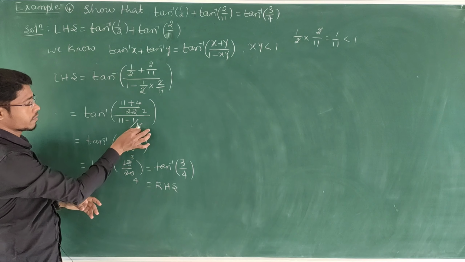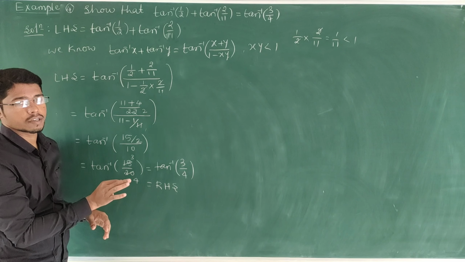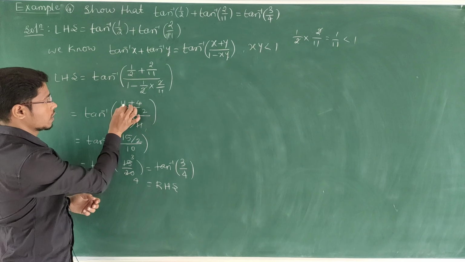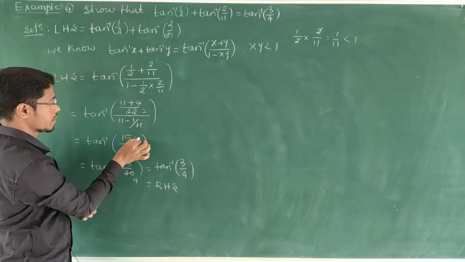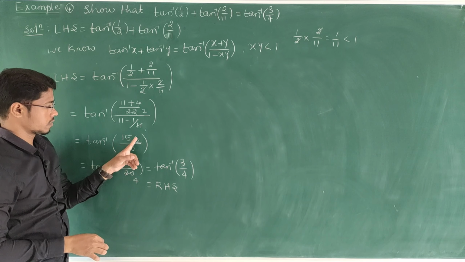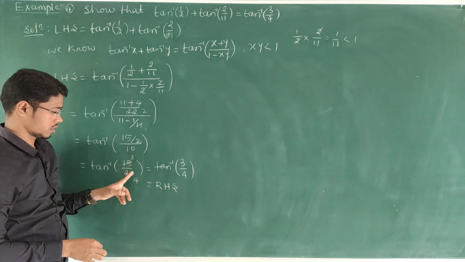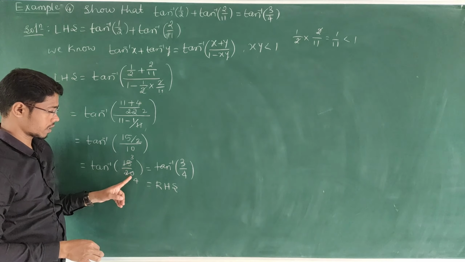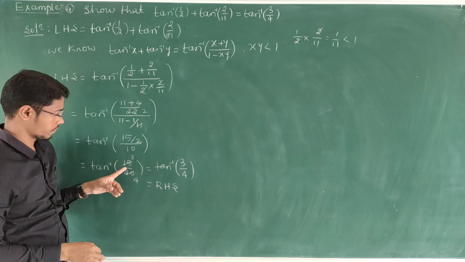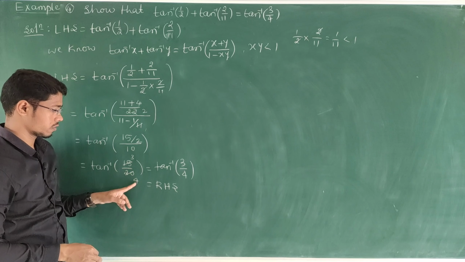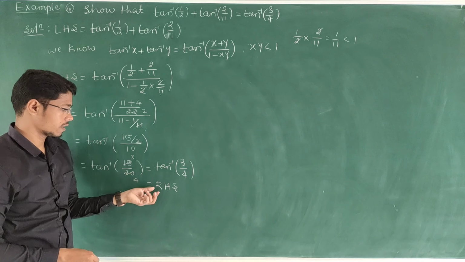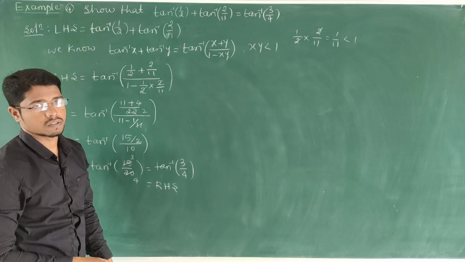Only denominators I am cancelling. 11 into 4 is 15 divided by 2, 11 minus 1 is 10, so divided by 2, 10 into 2 is 20. 15 by 20, it will cancel by 5. 5 3s are 15, 5 4s are 20, so 3 by 4 remains. This is our required result, so this is equal to the RHS.